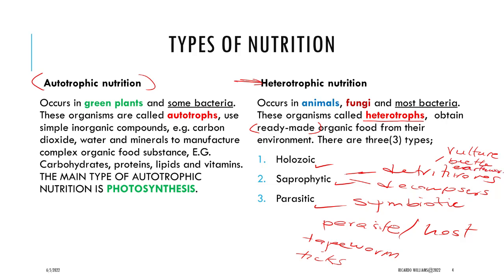All of these organisms are detritivores. They feed on dead organic matter or dead organisms. Decomposers are just two groups. You have fungi and bacteria. So the fungi and the bacteria make up the decomposers group.